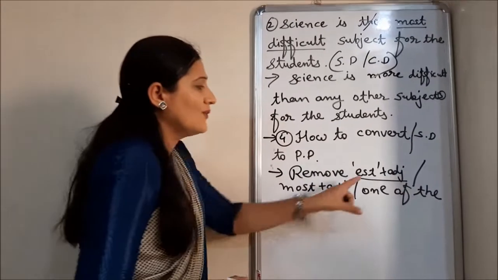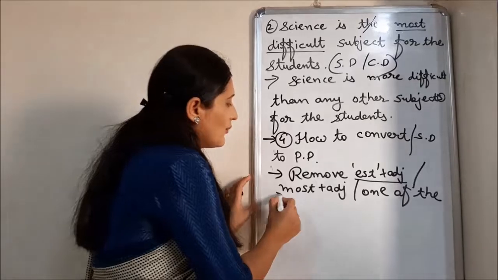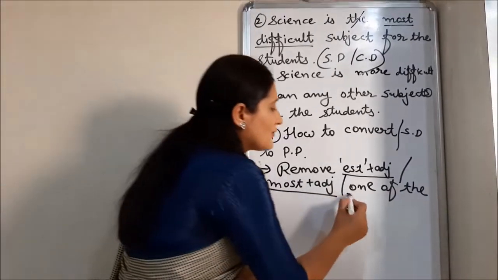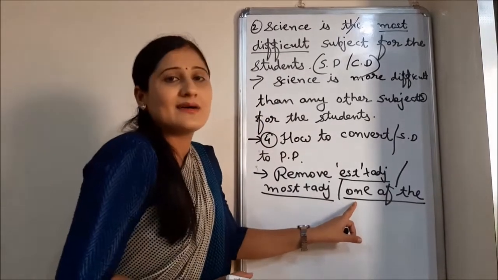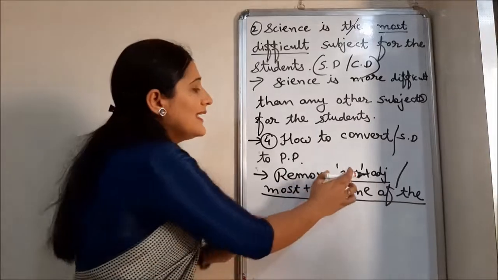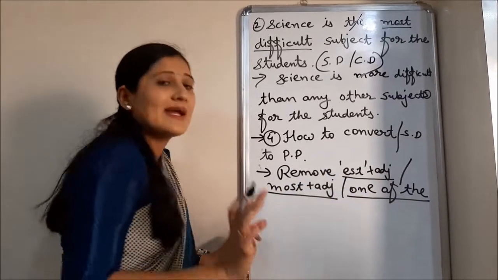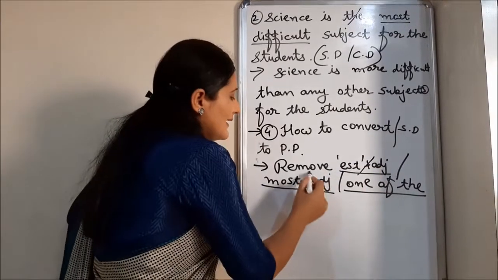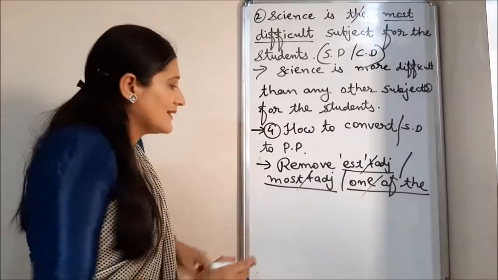EST plus adjective, for example tallest, most plus adjective, for example most beautiful, or one of the, he is one of the best boys from our class. So if this or that, any 3 given in superlative degree, we will delete it, we will cancel it, right?